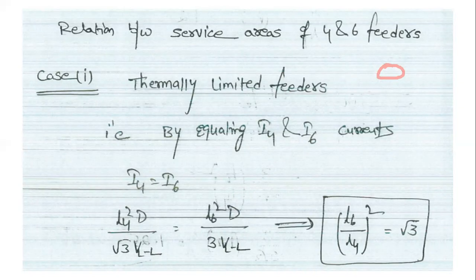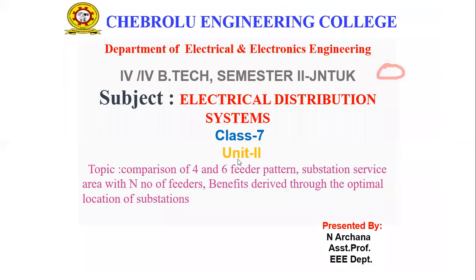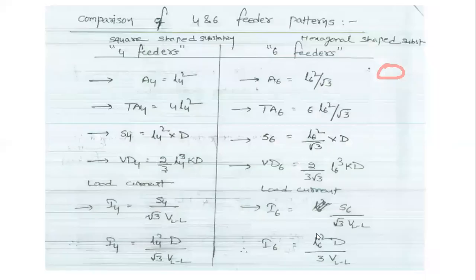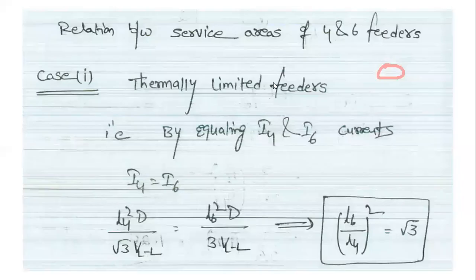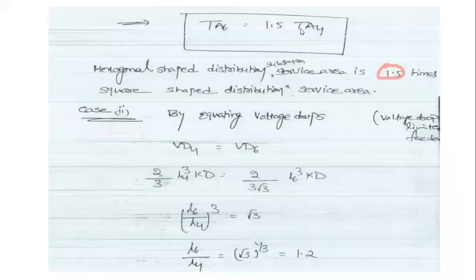In the thermally limited feeders, we equate the I4 and I6 values, using these formulas, substitute and equate them, and the total area for the hexagonally shaped is 1.5 times the total area for the 4 feeders. This is the case 1 comparison.